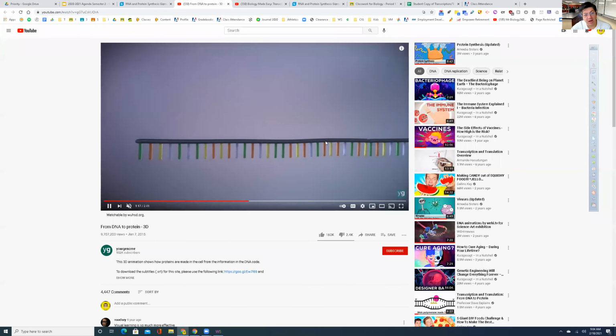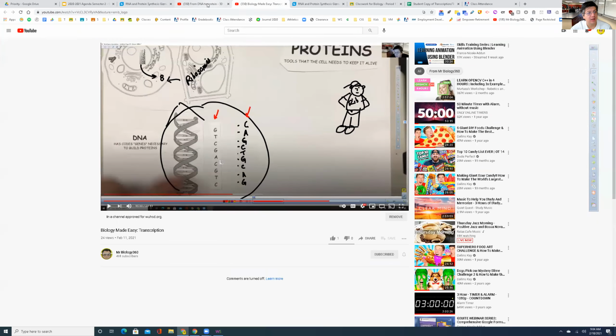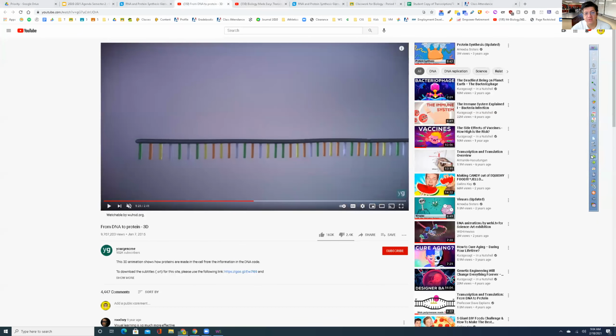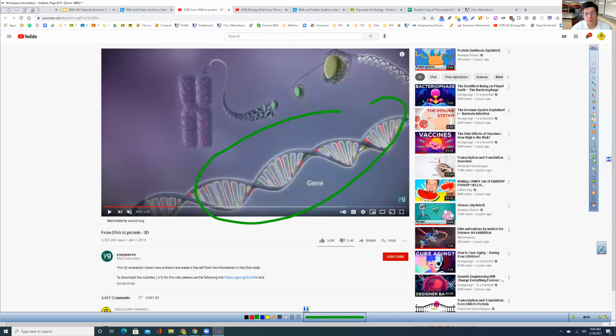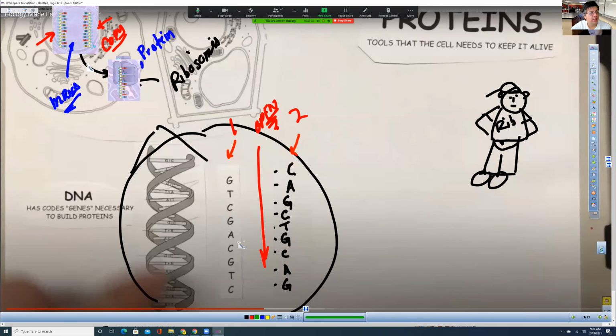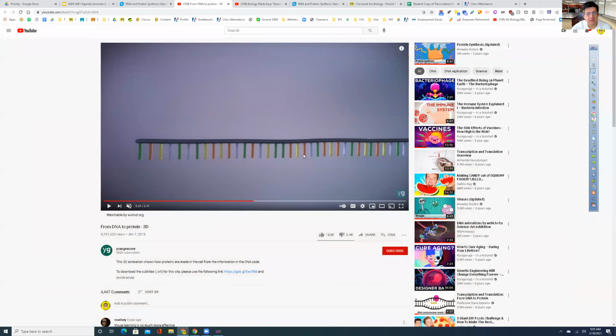So now this mRNA, this thing right here, is basically what we made in our little activity. This right here, the thing that we made, is that.